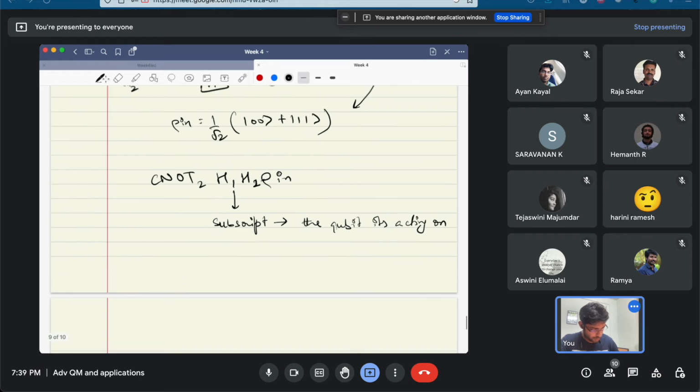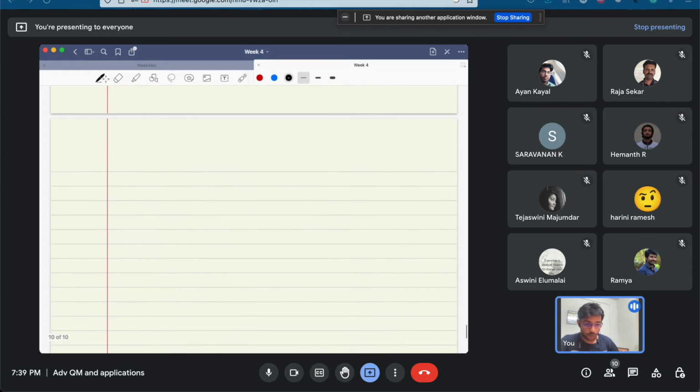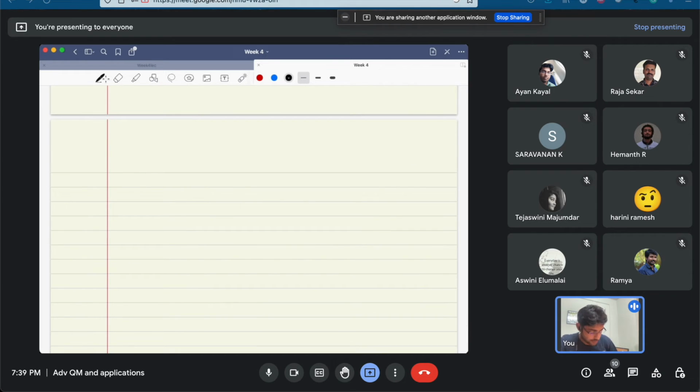Right. So let us first operate the Hadamard gates. Let's say you're operating your H2 first on the rho input. It will only act on the second qubit of the 2. So that is this qubit.